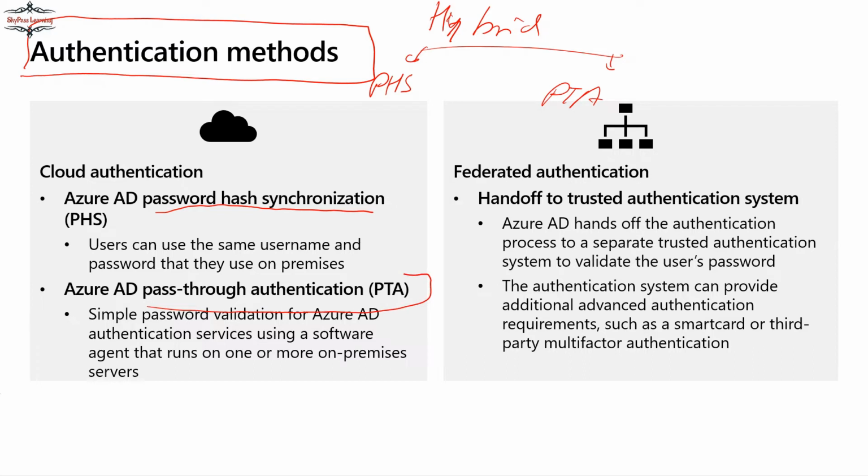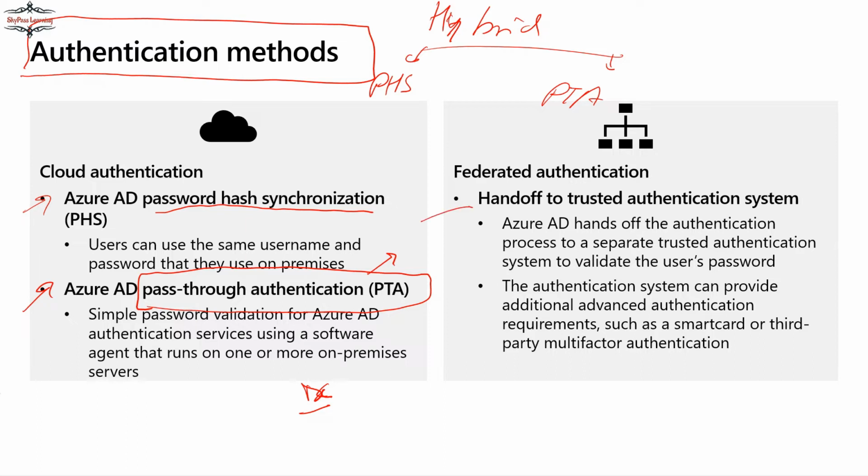Pass-through is one of the most common authentication methods used nowadays. It basically validates the credentials from on-premises, and there is an agent running on the on-premises domain controller that will ensure the authentication for the credentials entered in Azure Active Directory. I will explain all of them one by one in the next slide as well.